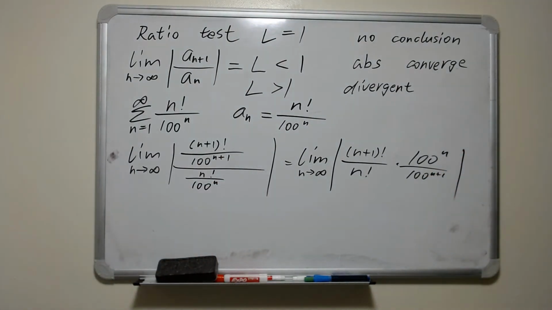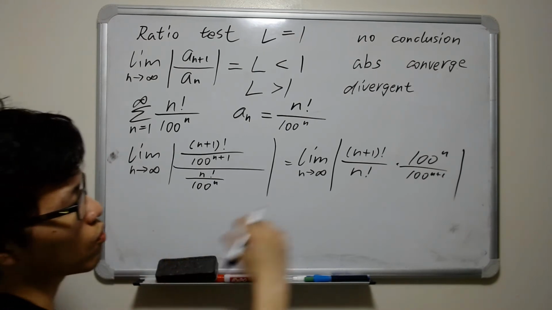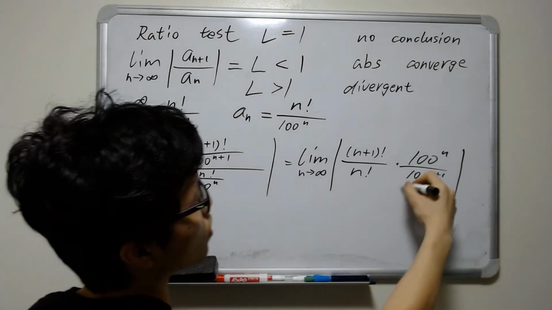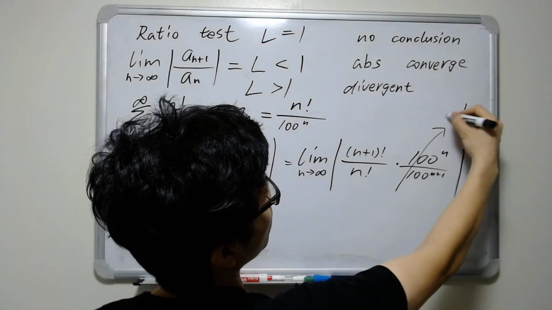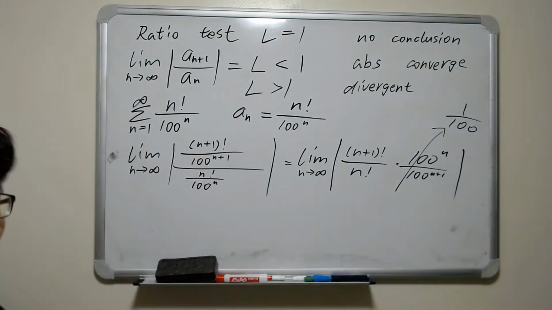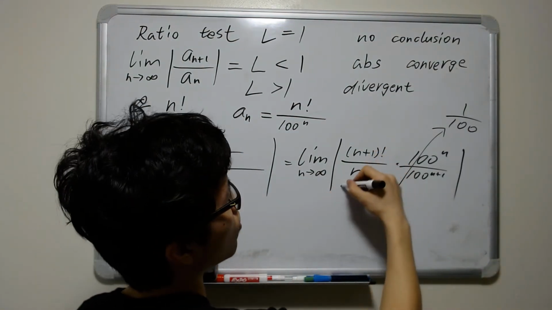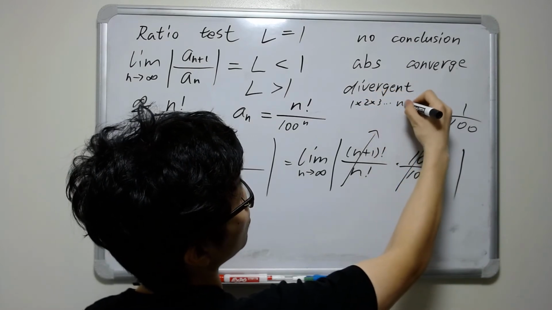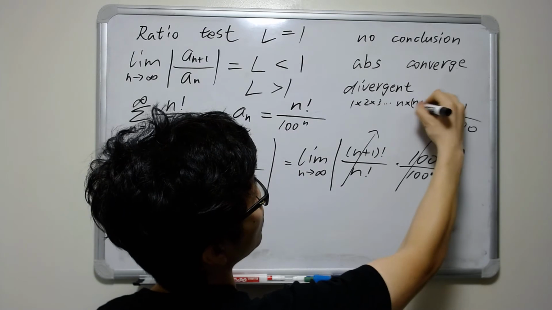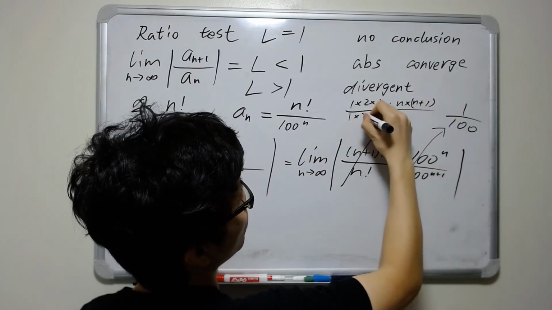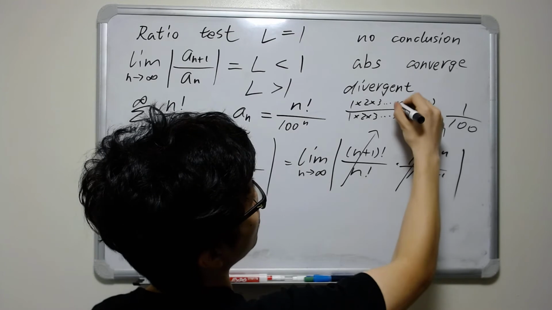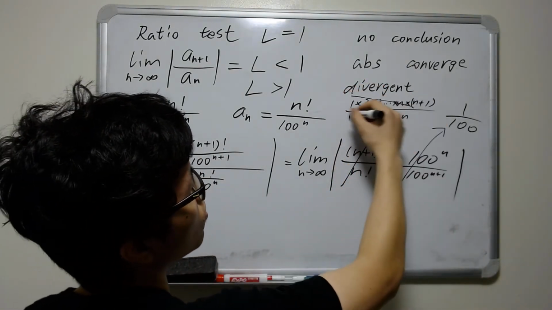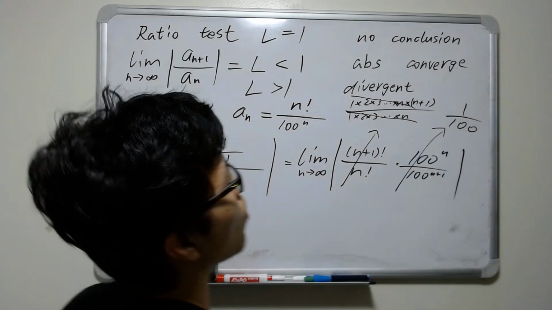Okay, so we can cancel something here. 100 to the n and 100 to the n plus 1, so this one we will get 1 over 100. And how about this term? This term is 1 times 2 times 3 up to n, and then times n plus 1, and the bottom is 1 times 2 times 3 up to n. So we can cancel the first n terms, and then you will only get n plus 1.